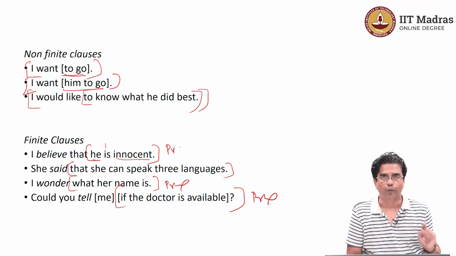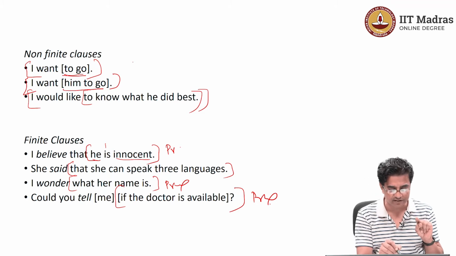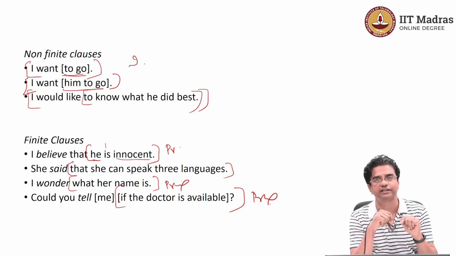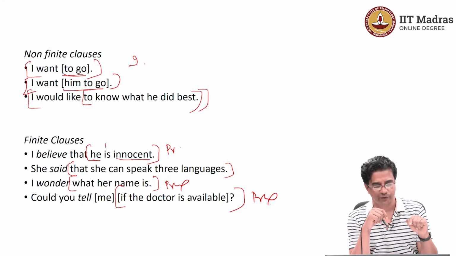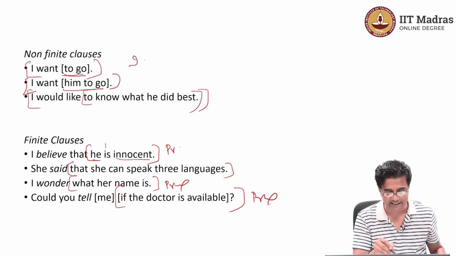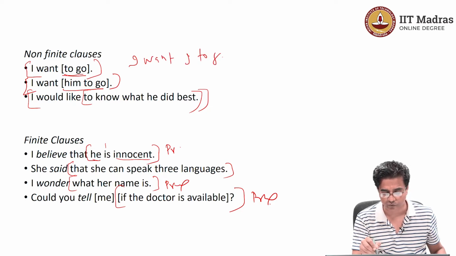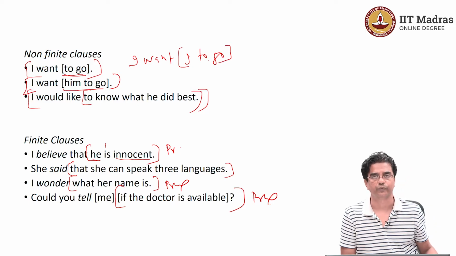But when the subject, remember, look at this. This is something additional that I am explaining to you, and this is interesting to see. I want I to go. Just as we say, I want him to go.